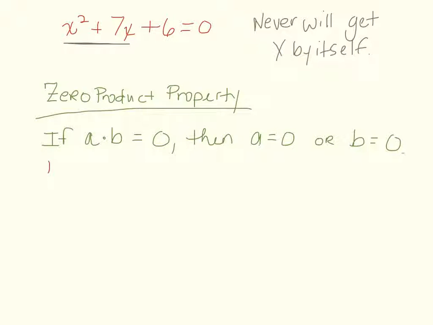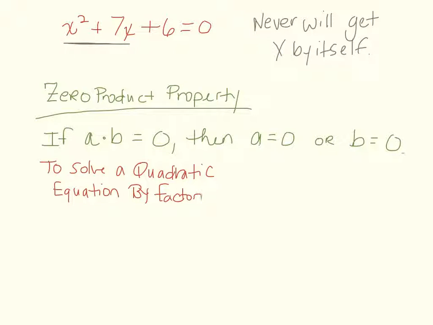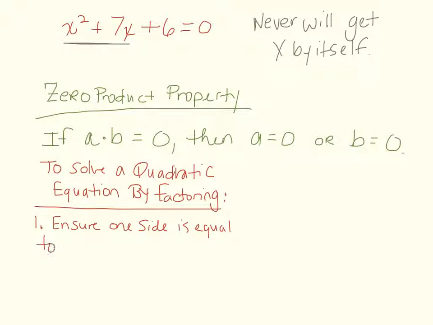So basically, to solve a quadratic equation by factoring, the first thing we're going to do is ensure one side of the equation is equal to 0.